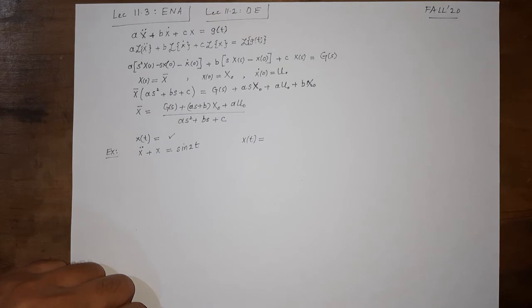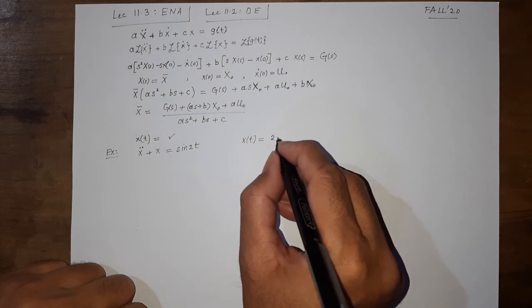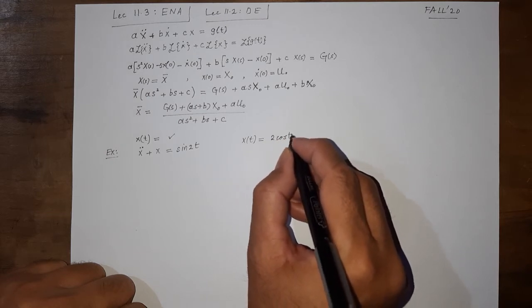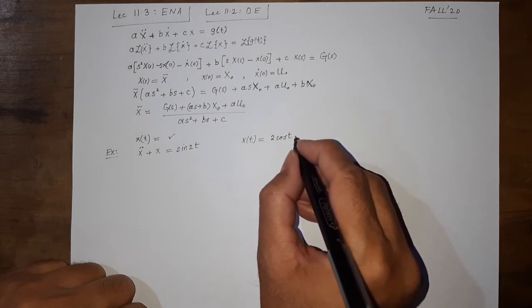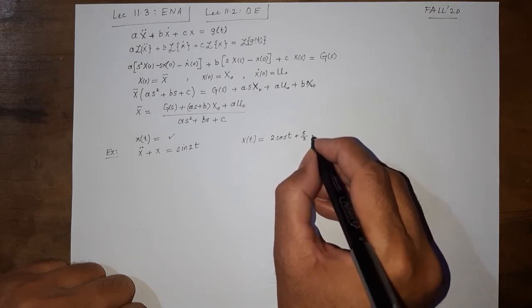But they should actually pause the video and try to solve this first and come up with the exact answer, exact expression. Okay, let me tell you the answer by the way, so that if you are really trying to solve for it, you should be able to verify and understand the answer. So we are going to get a homogeneous solution.